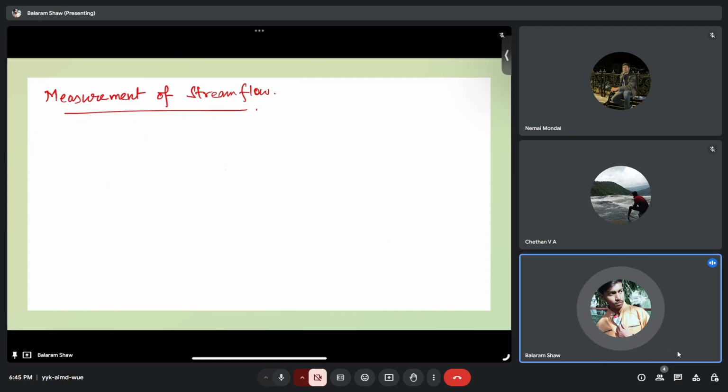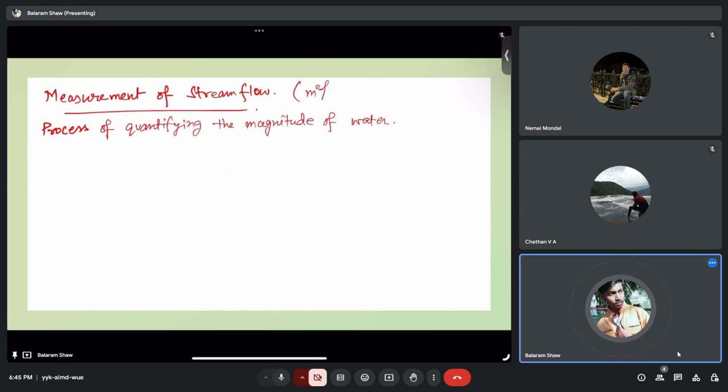So measuring, or let's say the process of quantifying the magnitude of water that is flowing into the channel, or rivers or streams, we call that measurement of stream flow. And we have seen that it is generally in discharge units.